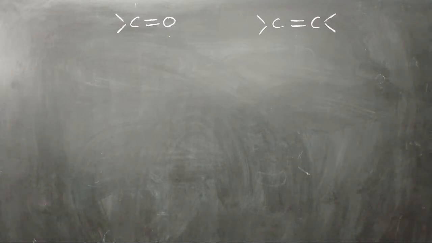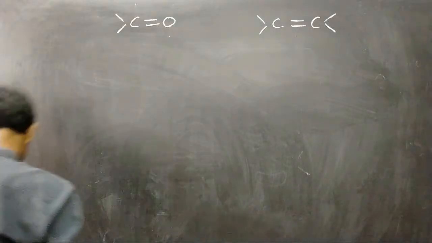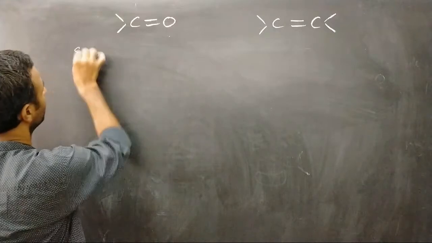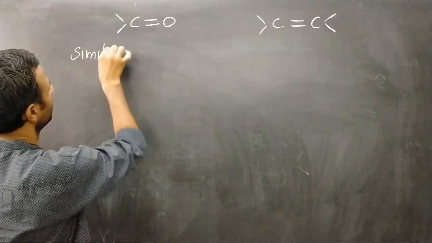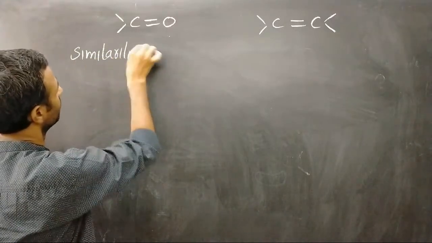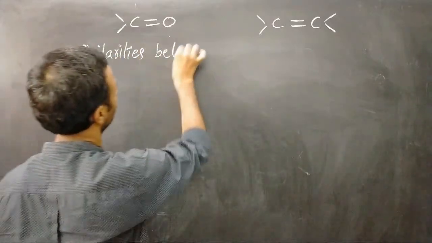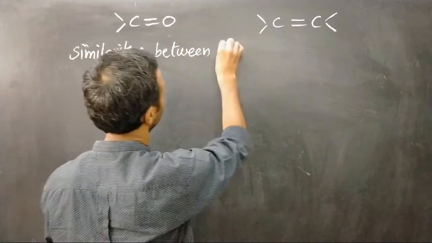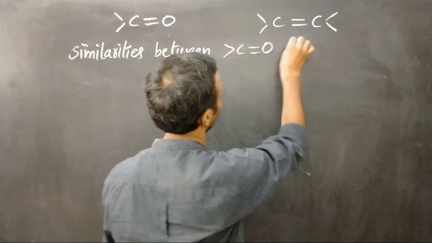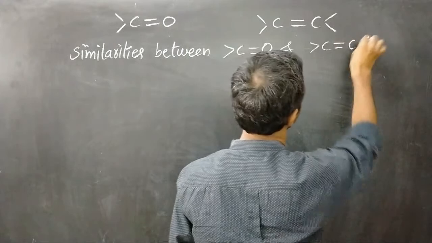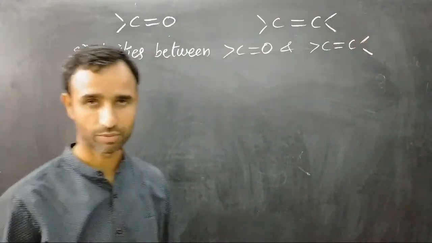Right, similarities and differences. First, write the similarity between C double bond O and C double bond C, and then differences.